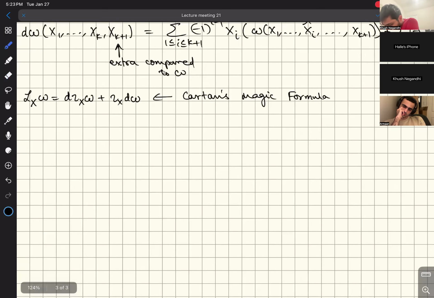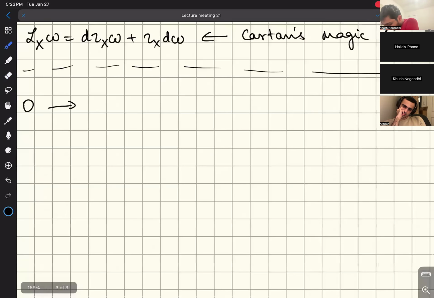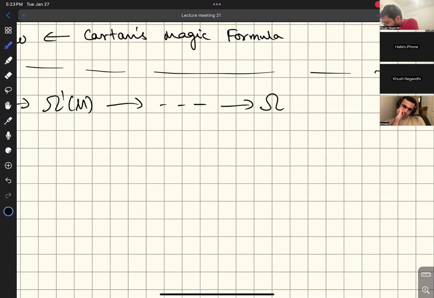What I mean by that is, you can go from the space of zero forms into the space of one forms, into dot dot dot, into the space of m forms, into zero. Here, the dimension of the manifold is m.